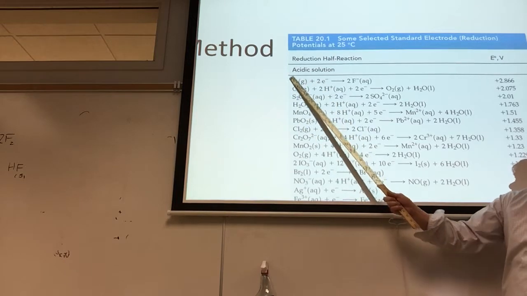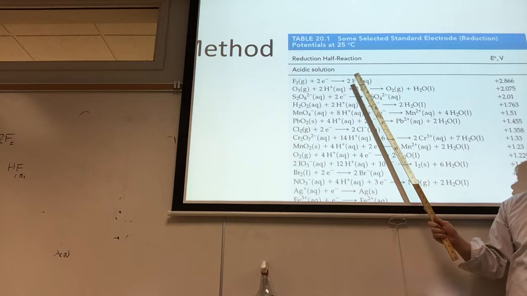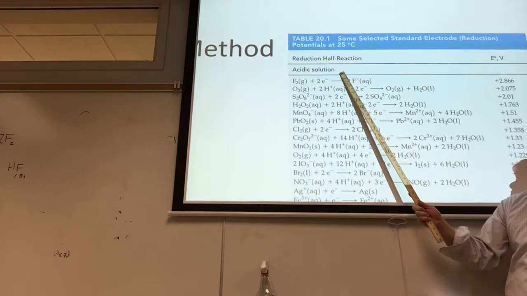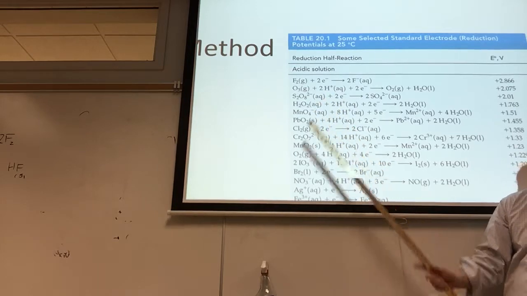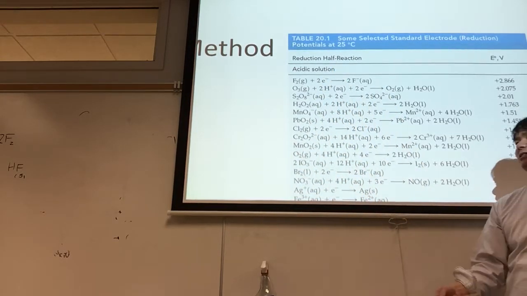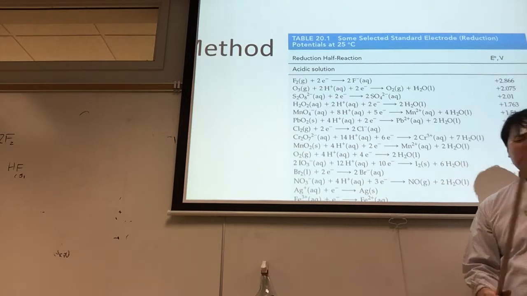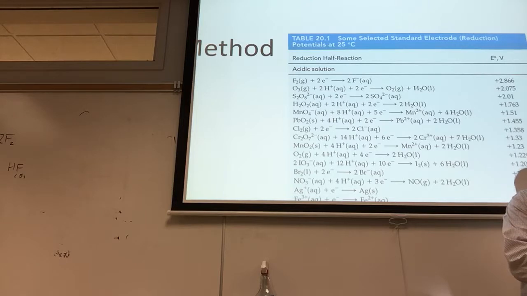And so a powerful oxidizer gives a very weak conjugate reducer. A very weak reducer gives a very powerful conjugate oxidizer. These are conjugate pairs, so we only need one table. Problem is this one table is not always consistent. Acid base is pretty consistent. The acids are always on the left, the conjugate bases are on the right, right?